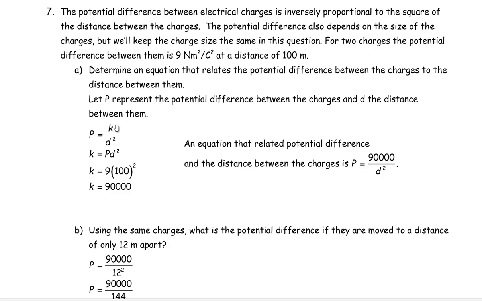Now we don't know what the constant is. That's what we're going to find here. If the potential difference was proportional to the distance squared, then it would just be k times d squared. But it's over d squared because it's inversely.